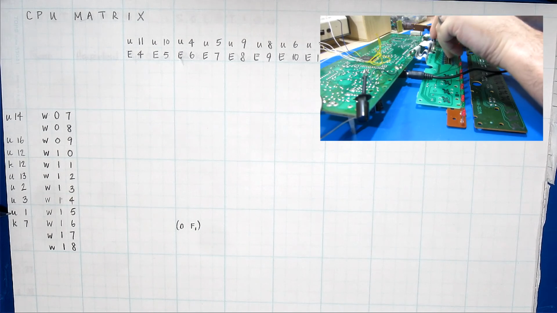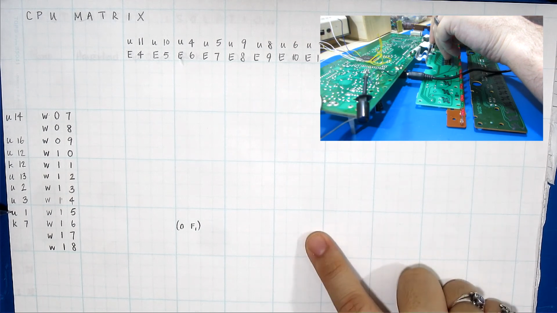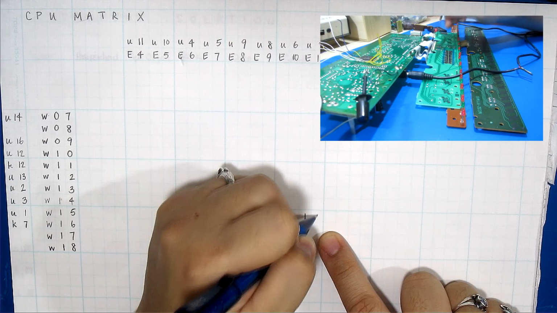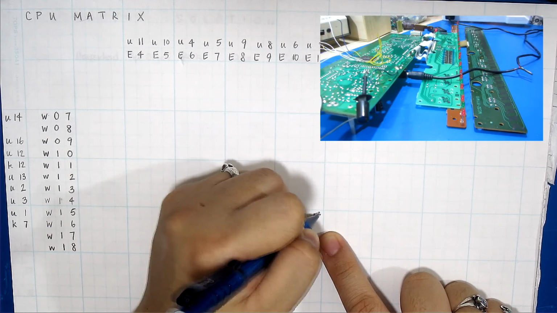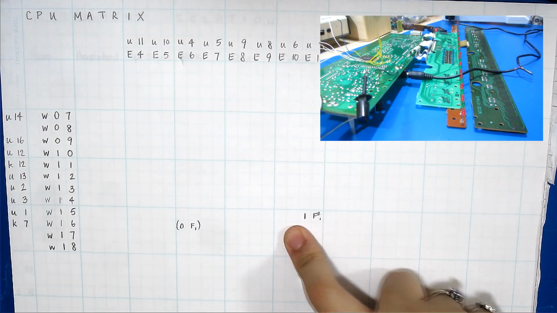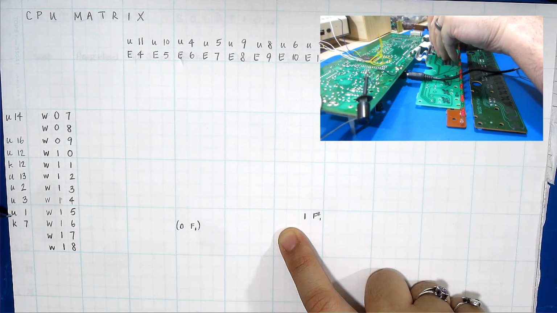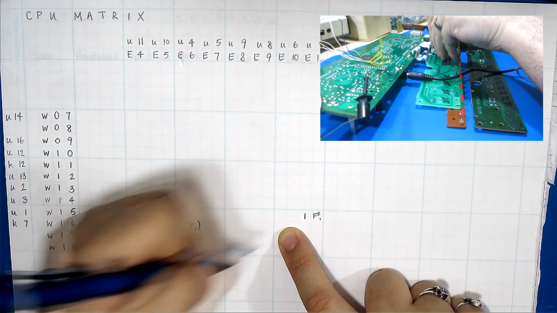Okay, U1, 2, 3, 4, 5, 6, 7. Higher note. Okay, and that actually is F#1. Okay, and then U1 and U6. 1, 2, 3, 4, 5, 6.